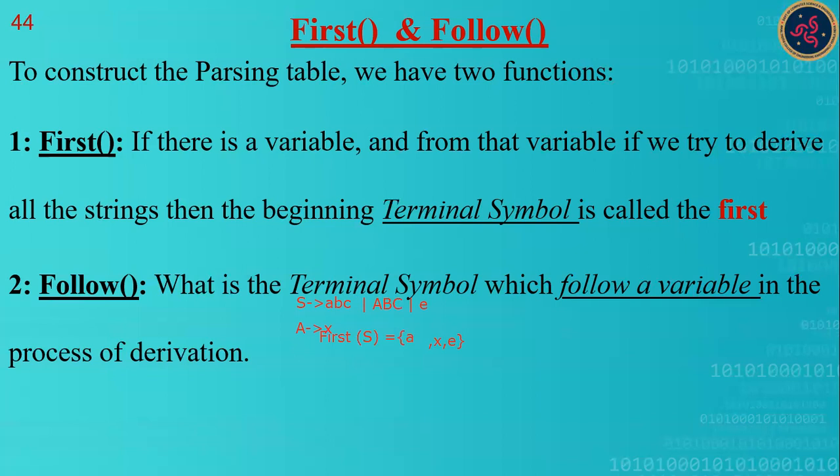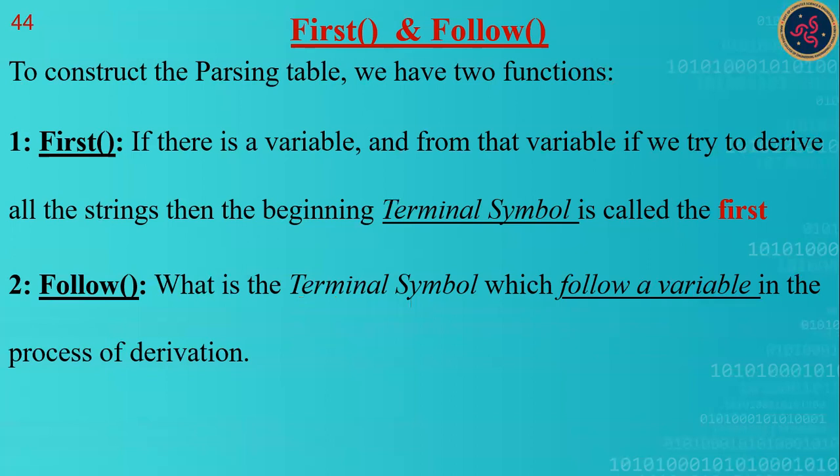We need to find the next variable that follows this non-terminal A. Here capital letter B is the next variable after A, so follow of A will be capital letter B. If our follow symbol is a non-terminal, we need to apply some other rules also. If it is a terminal, you can directly take it as a follow symbol. We can see the rules in detail in the next slides. I hope it is clear.